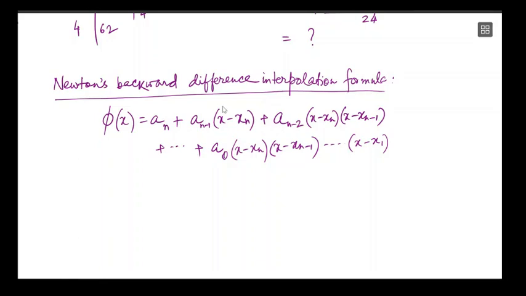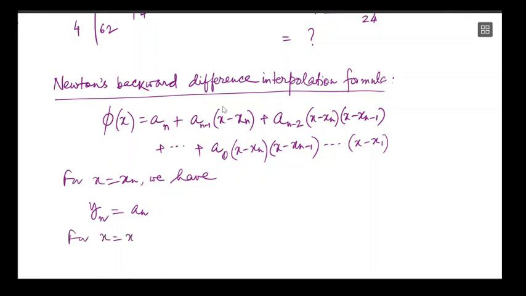Since phi x will match with the values of y at the given points x0, x1, ..., xn, for x equals xn we will have the value of phi x as yn equals an, plus all other terms will be 0 because x minus xn is a factor in each of the terms.